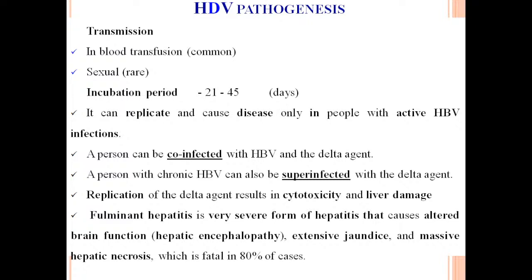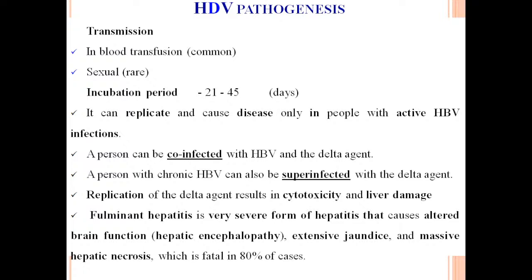I've said that hepatitis D virus needs hepatitis B to replicate because hepatitis D is only nucleic acid. A person can be co-infected with hepatitis B virus and the delta agent.